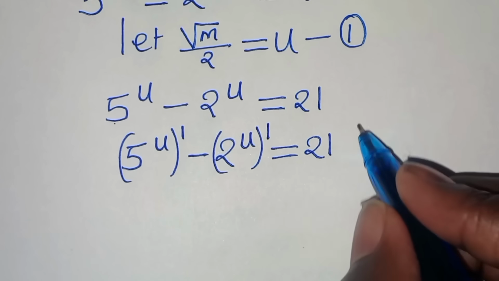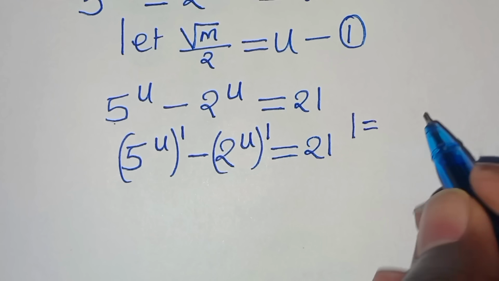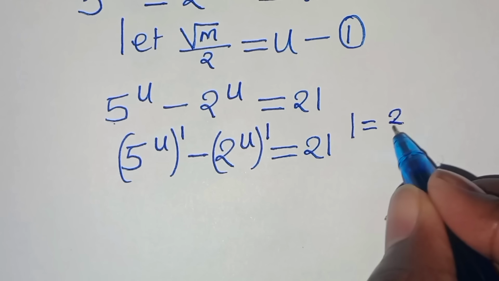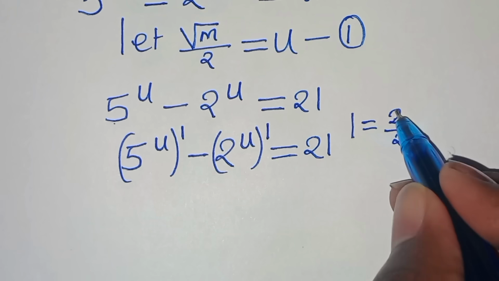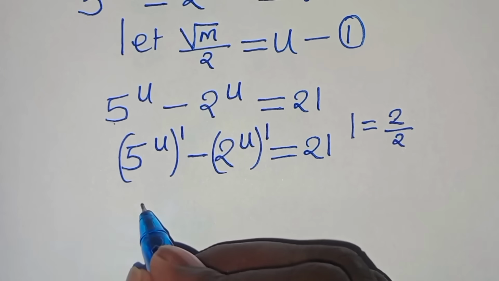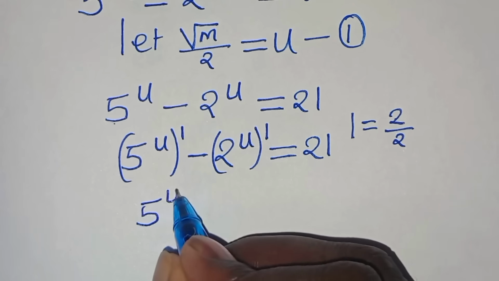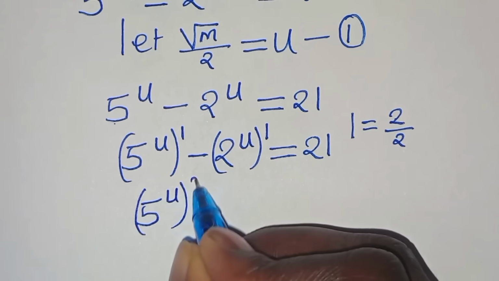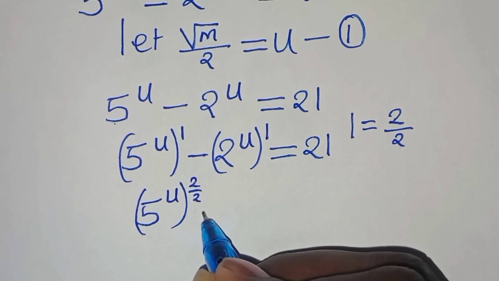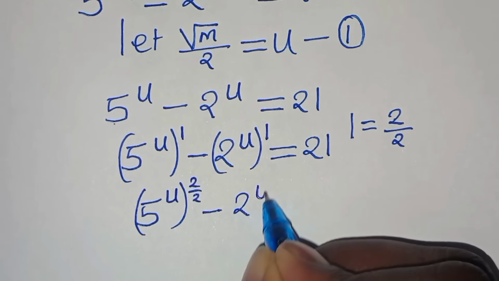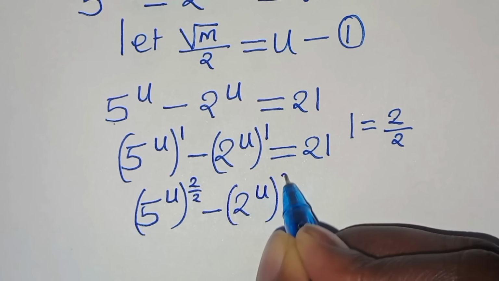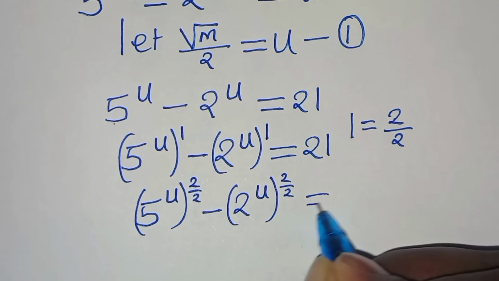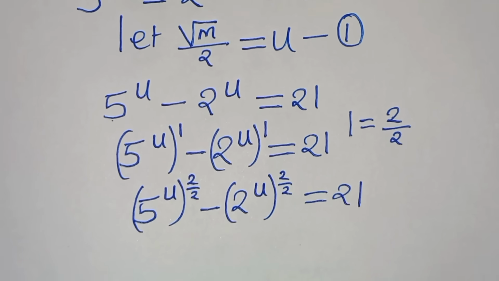Now, we can write 1 as 2 over 2, which is the same thing as 1. So this is 5 to the power of u raised to the power of 2 over 2, then subtract 2 to the power of u raised to the power of 2 over 2, equal to 21.